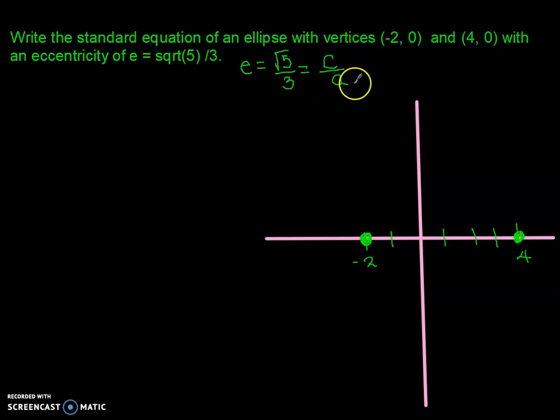So we know the value of c, we know the value of a. Now, since the vertices are on the ends horizontally, they're moving horizontally. That means that I have a horizontal major axis.